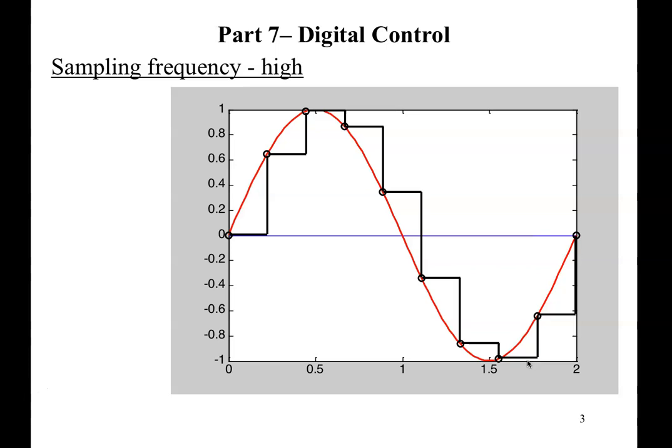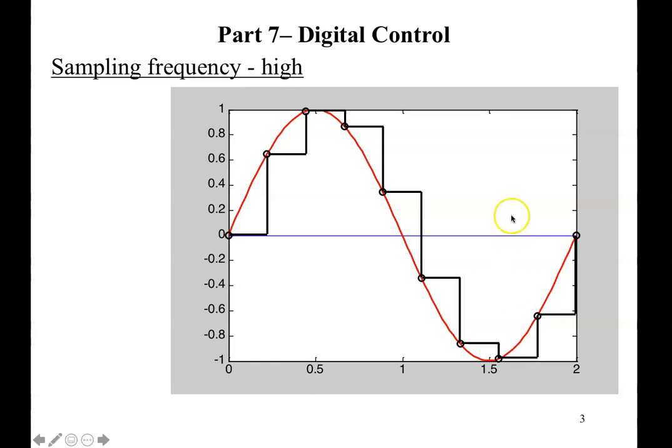Delay in a closed-loop system means phase lag. Phase lag is bad for us, okay, because it compromises the phase margin, and therefore compromises the stability.